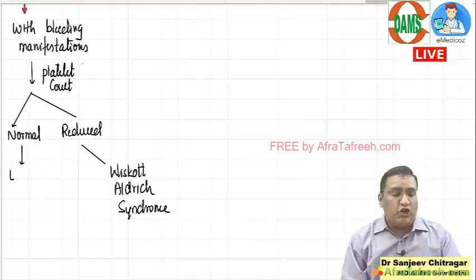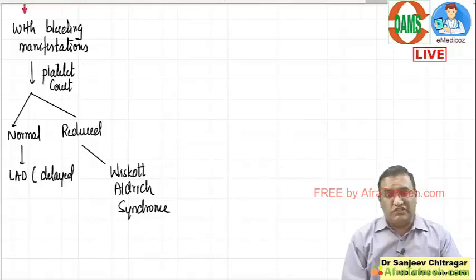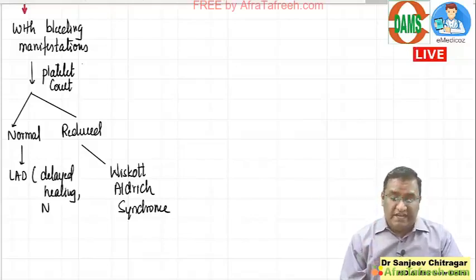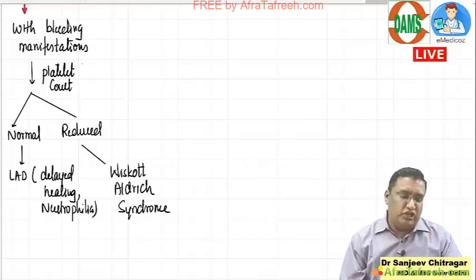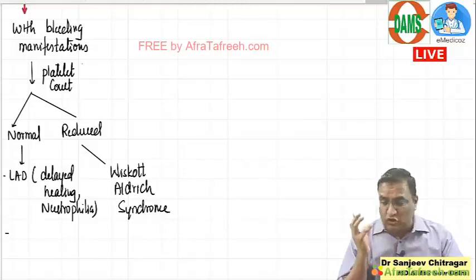If the platelet count is normal, that means there will be a functional disorder of the platelet happening. It could be LAD, leukocyte adhesion molecule deficiency, especially type 3 LAD, which is associated with Glanzmann thrombasthenia, if you remember. This will have delayed healing, of course, and delayed umbilical cord bleeding. Important, LADs will have neutrophilia, very important word. So whenever you have a normal platelet count, look at the neutrophil count.